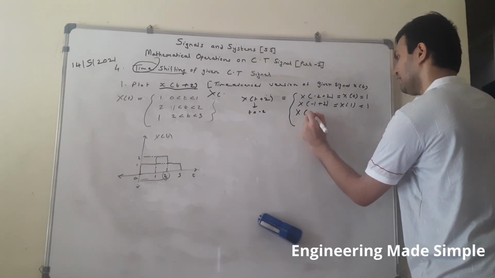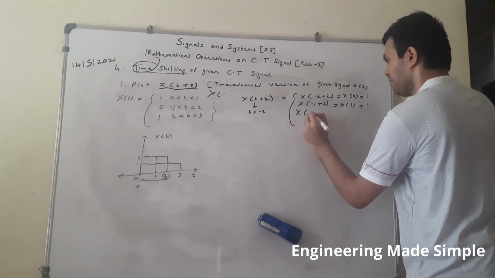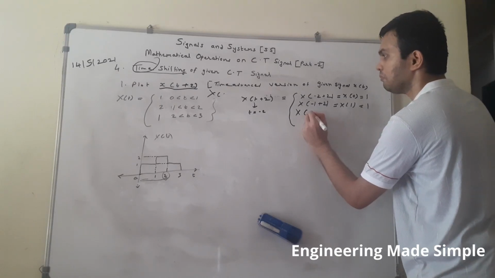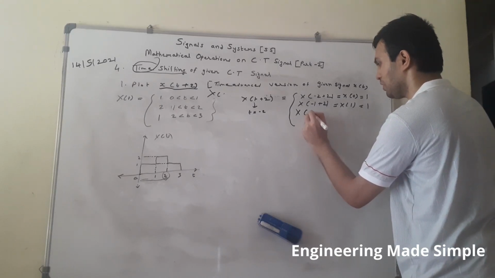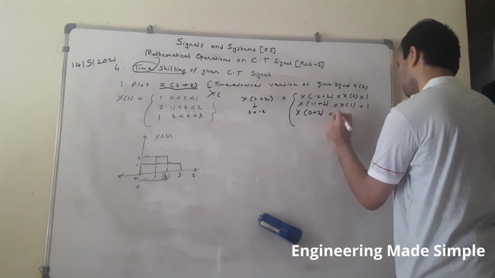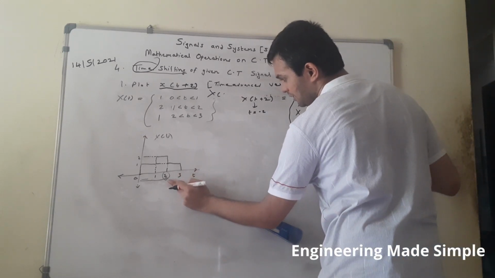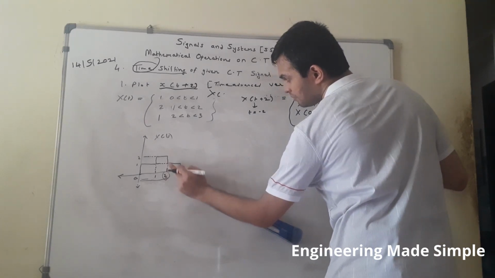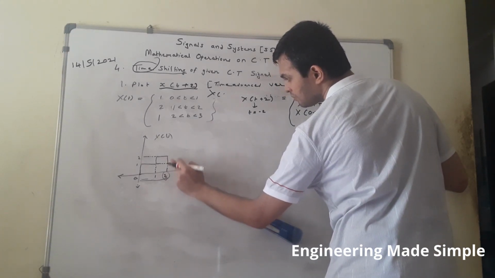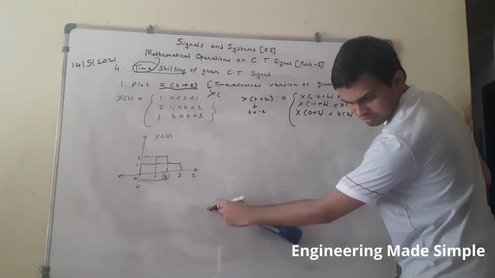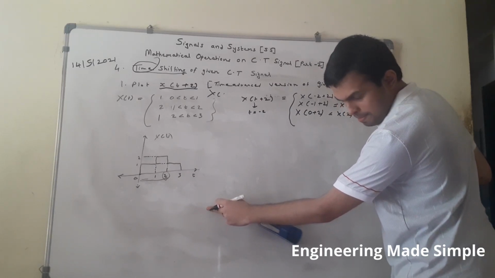Then again, what is after minus 1? 0 will come. So in place of t we put 0. So x of 0 plus 2 is nothing but x of 2. And what is the value of x of 2 in the original signal x of t? It is 2.